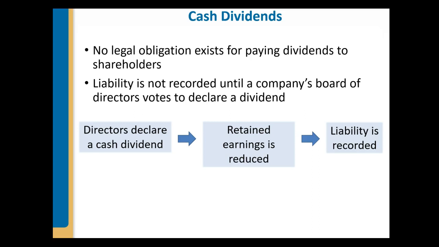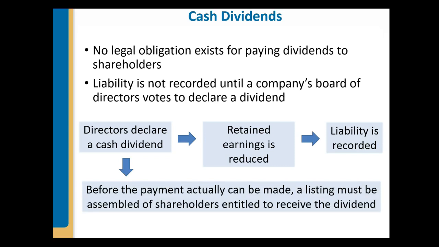In practice, corporations ordinarily try to maintain a stable dividend pattern over time. When directors declare a cash dividend, we reduce retained earnings and we record the liability. Before the payment actually can be made, a listing must be assembled of shareholders entitled to receive that dividend.